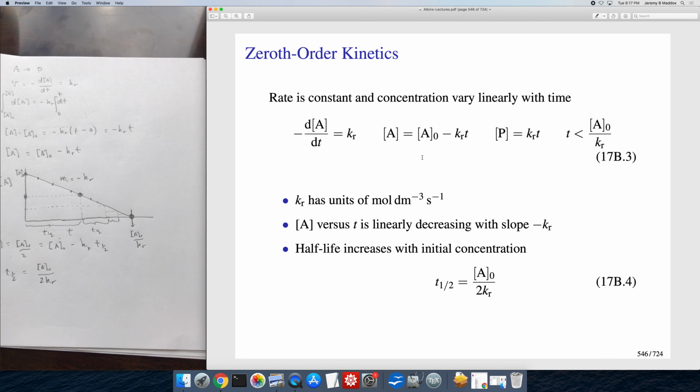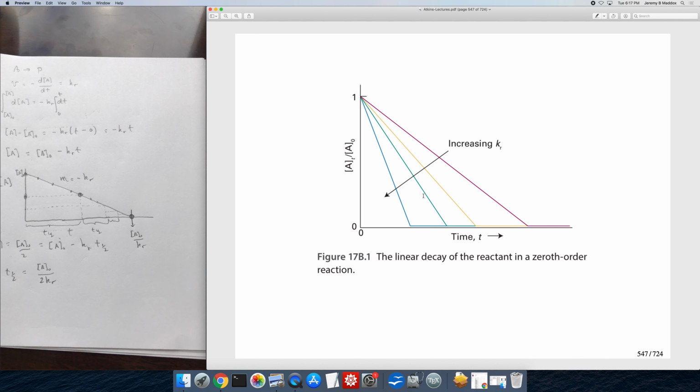And so you really need to know all of these results here, and then you need to know this graphical form as well, which I've already drawn for you over here on the video camera. What they're showing you in this graph is different values of the rate constant. So a large rate constant, you see the line has a very steep slope. For a slower reaction, there will be a smaller rate constant and a more gentle slope.